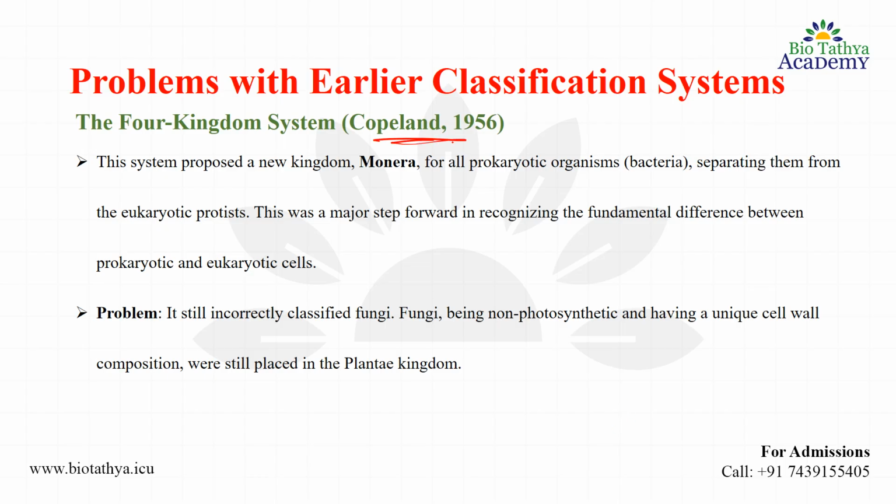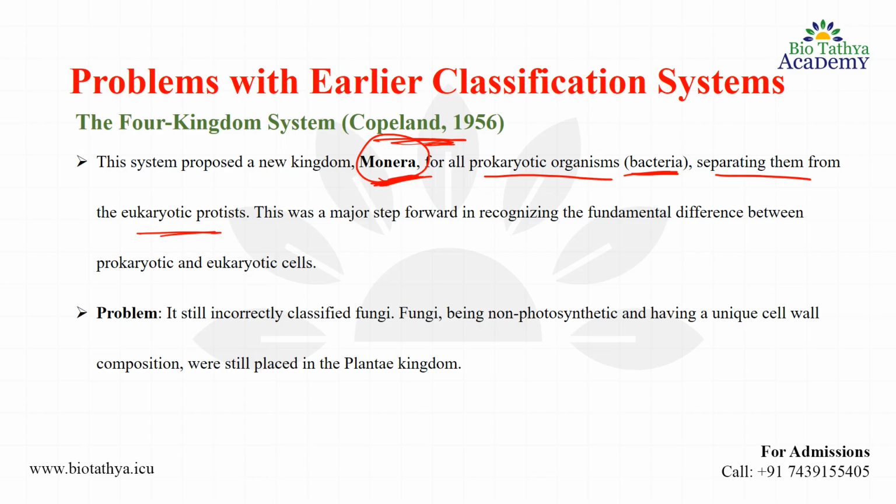So the Copeland system, what he did was that he introduced a new kingdom, Monera, and he did a great job. This new kingdom was introduced for all the prokaryotic organisms. Now all the prokaryotic organisms can stay quietly in the Monera kingdom, separated from the eukaryotic protists.